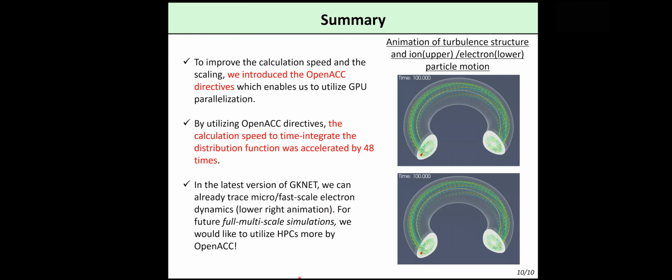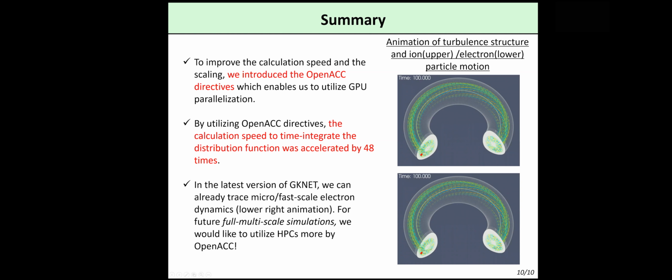Finally, let me summarize my talk. To improve the calculation speed and the scaling, we introduced the OpenACC directives, which enable us to utilize GPU parallelization, which is the main topic in this summit. By utilizing OpenACC directives, the calculation speed to time integrate the distribution function was accelerated by 48 times.